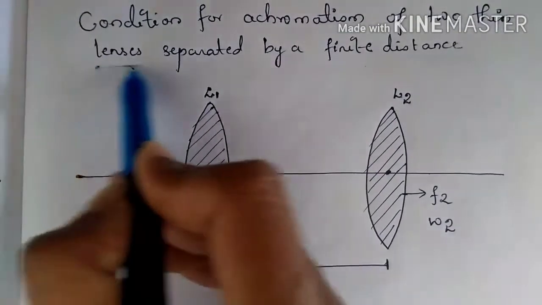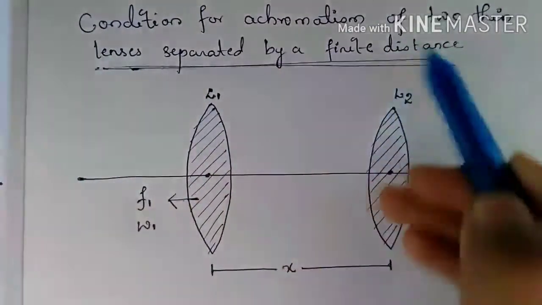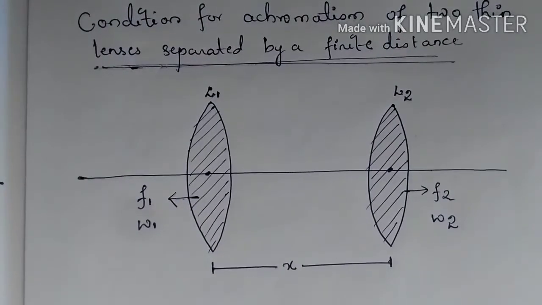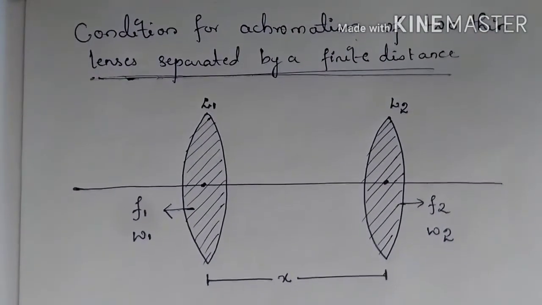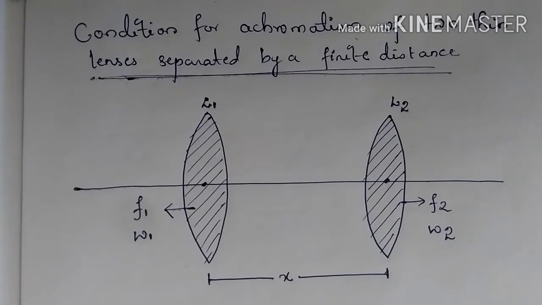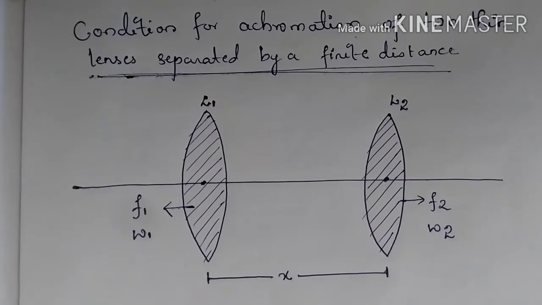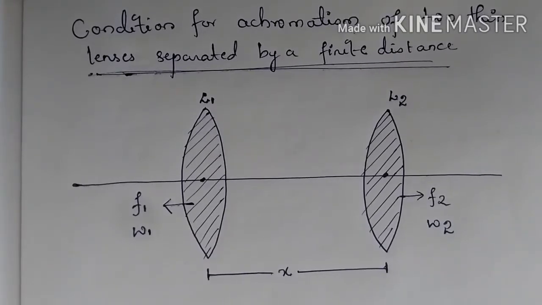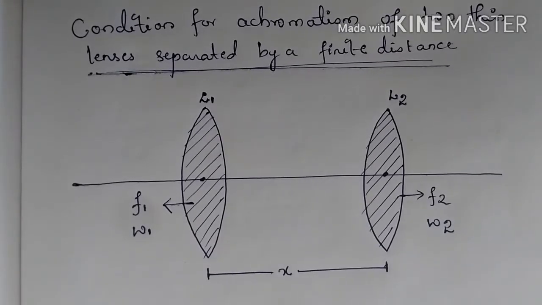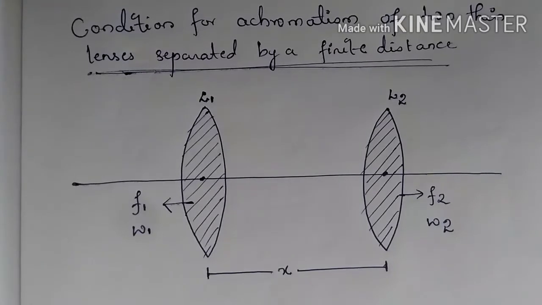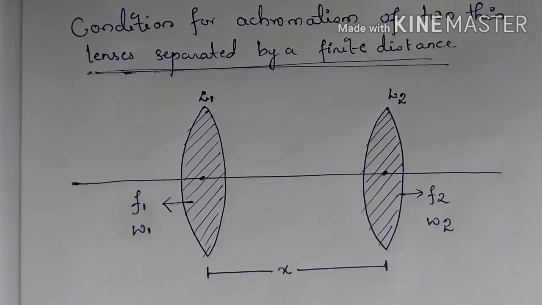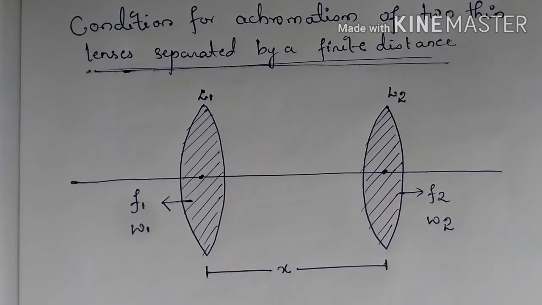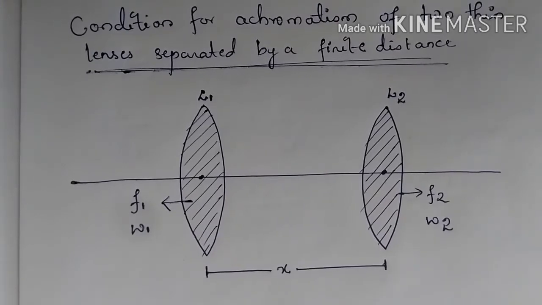So now we have to find the condition for the achromatism. When you have two lenses which are made up of the same material and separated by a distance x, in the last case we saw the condition was something like omega prime divided by omega is equal to minus f prime divided by f.